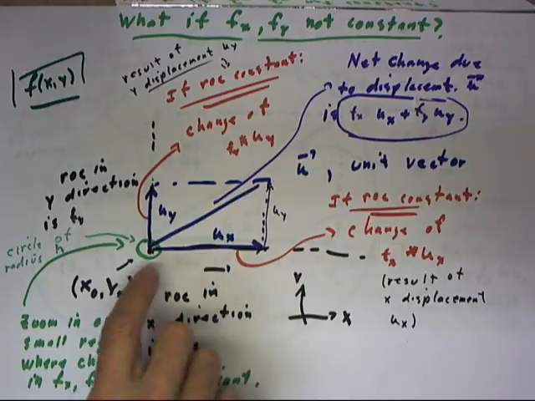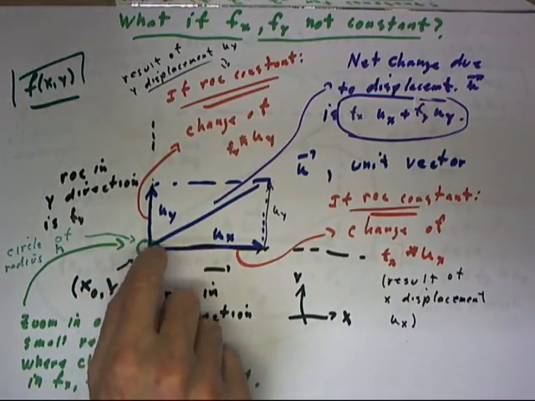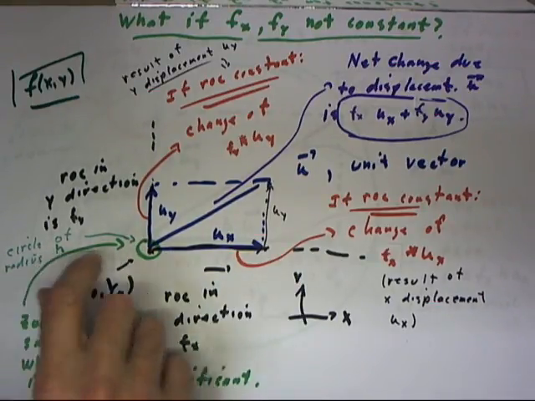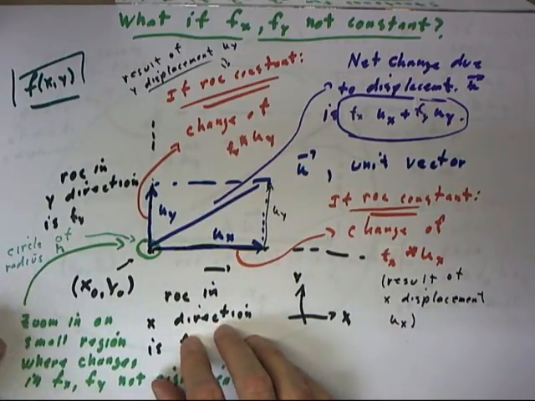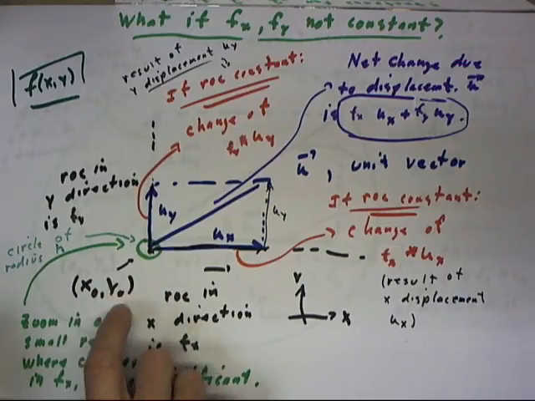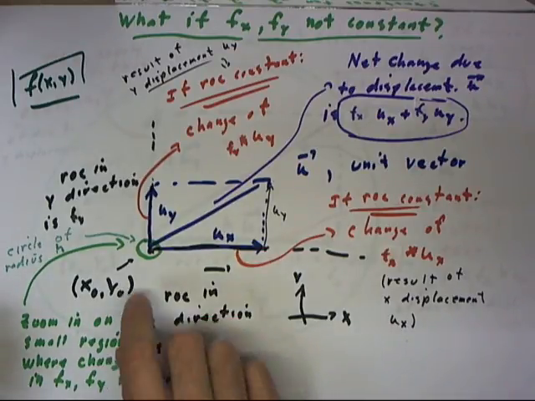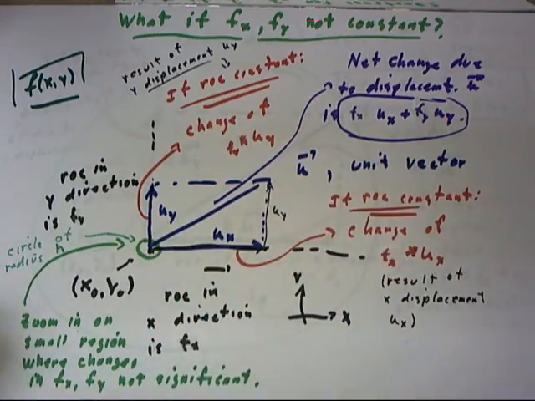However, given a well-behaved function, if we shrink our region of interest down to, let's say, a circle of radius h, where h is small enough that changes in fx and fy are not significant, then we can get a good picture of what happens in the near neighborhood of x naught, y naught. And we're going to be able to get an instantaneous rate at which the value of the function changes with motion in the direction of our u vector.